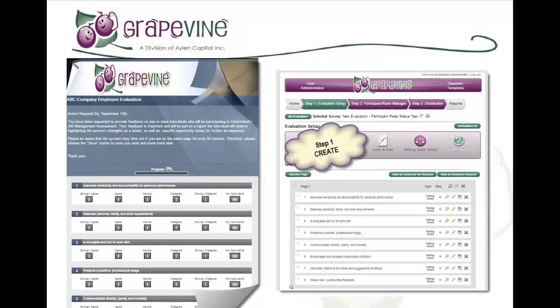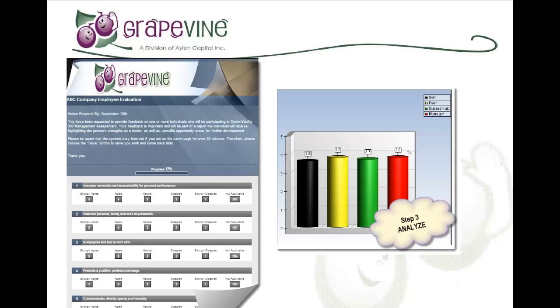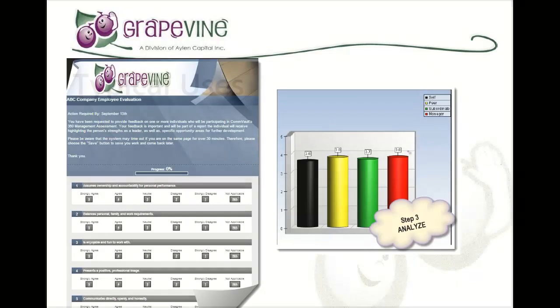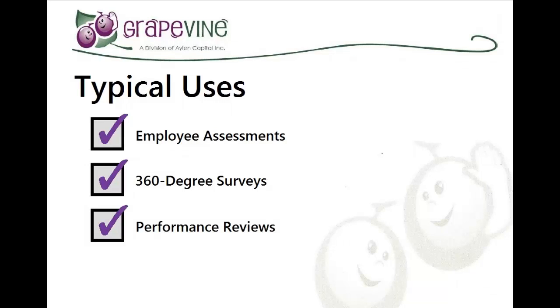This process begins by setting up your evaluations to launch, distribute, and finally, create customized reports used to analyze your results. Typical uses of the Grapevine Evaluations tool include employee assessments, 360-degree surveys, performance reviews, or multi-rater feedback within a specific group, team, or department.